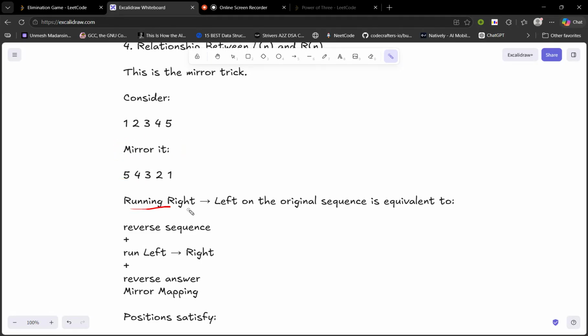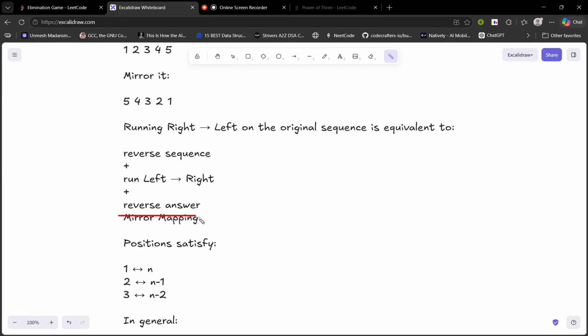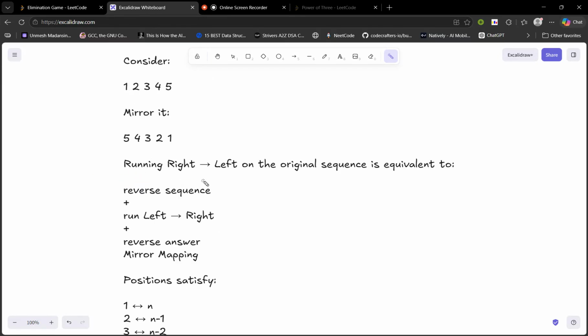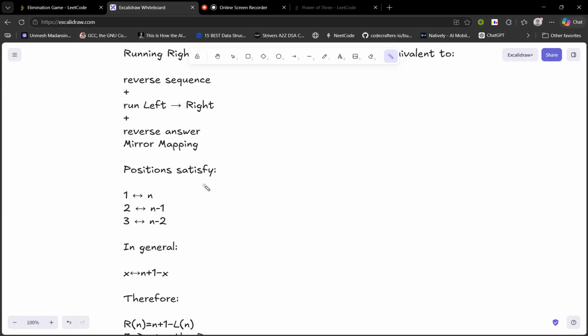Running right to left on the original sequence is equivalent to reversing the sequence, running left to right, then reversing the answer. That is, a right to left operation is the same as mirroring the array and performing a left to right operation. Simple.